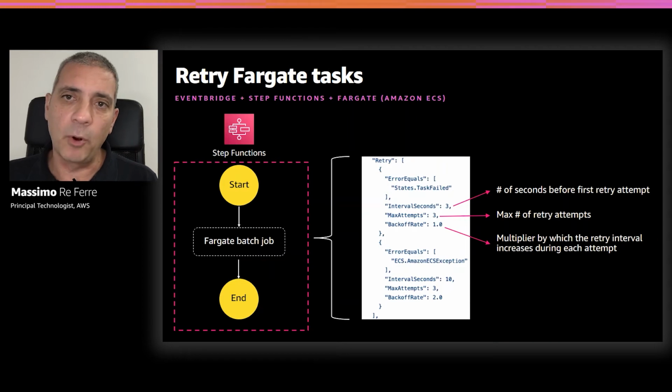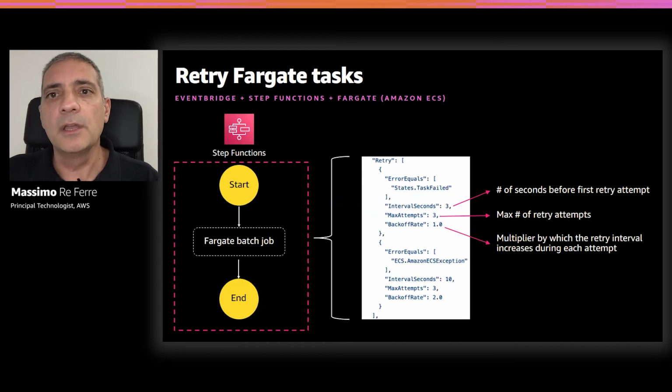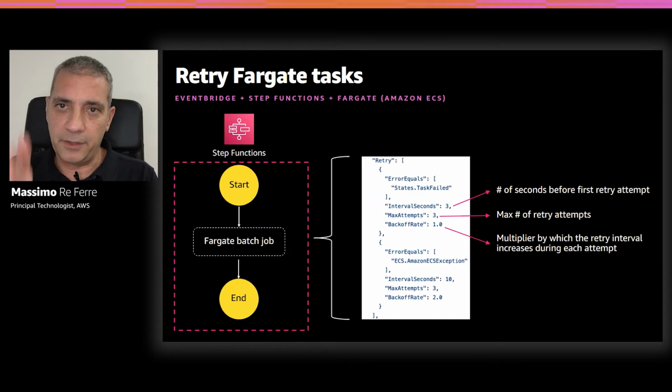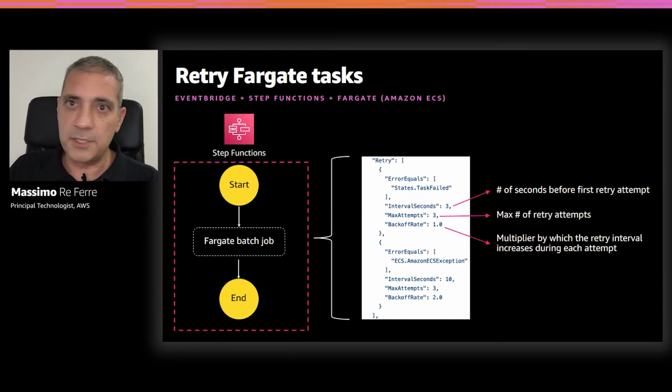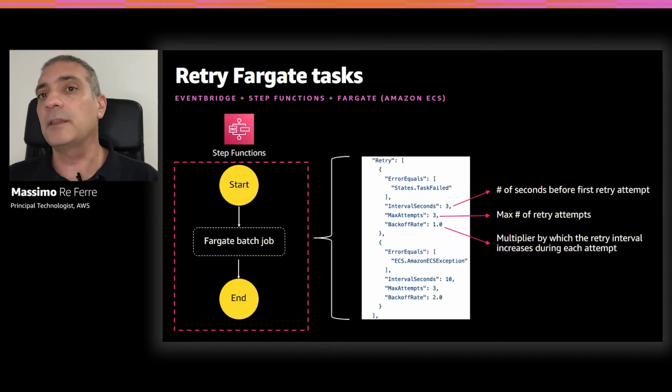Usually, and this is very important in a cloud environment, when you want to retry an action or a job, you don't do this every 3 minutes, for example, at 0, 3 minutes, 6 minutes, 9 minutes, 12 minutes, but you do this with an exponential back-off. Like, for example, 3 minutes, 9 minutes, 30 minutes, and so on. This is what the back-off rate allows you to control.